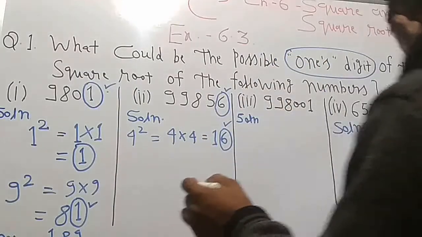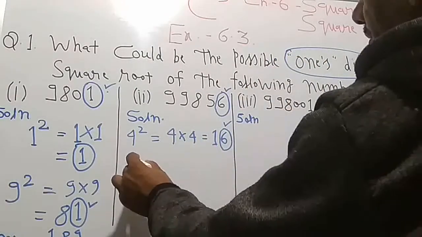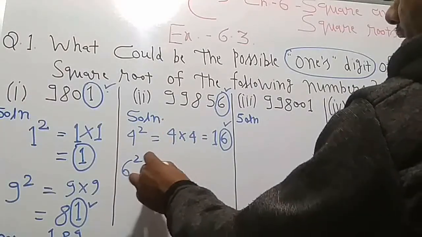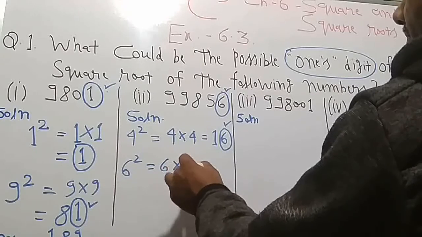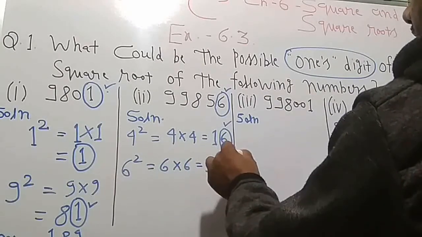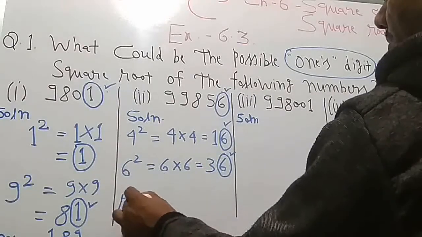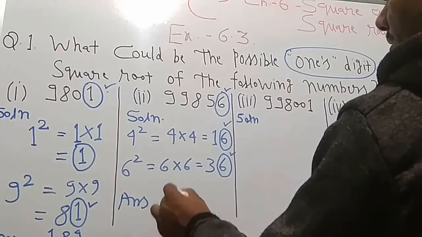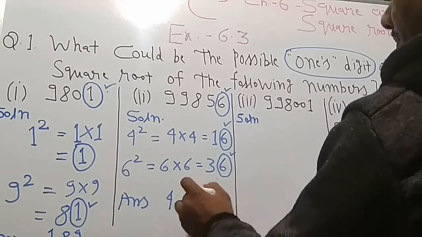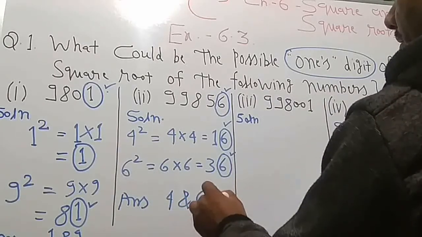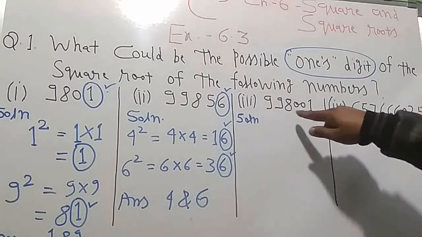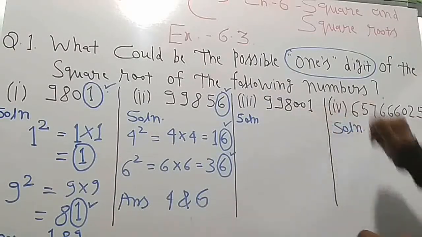And in case of 6, when we take the square of 6, that is 6 multiplied by 6, that is 36. Again the ones place digit is 6. So the answer of this part is 4 and 6.